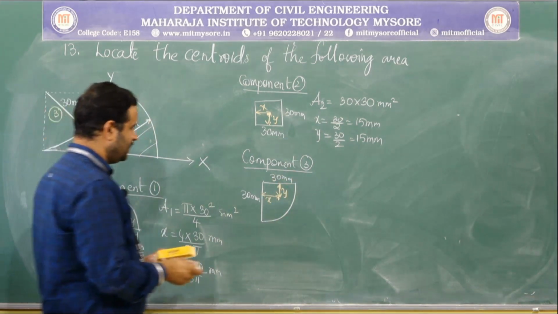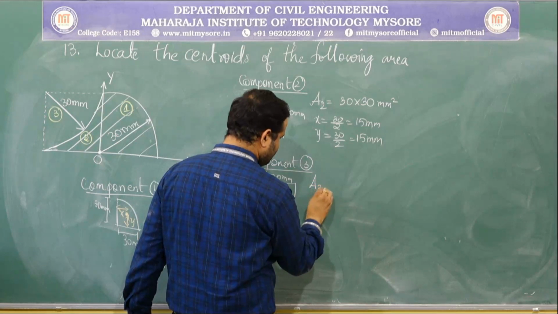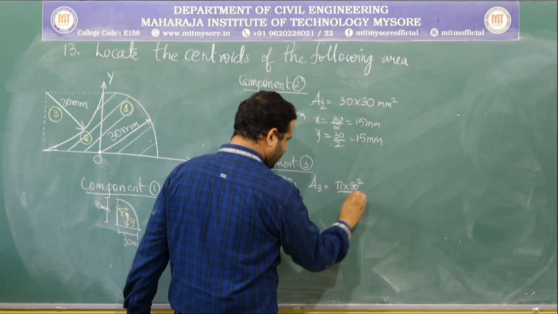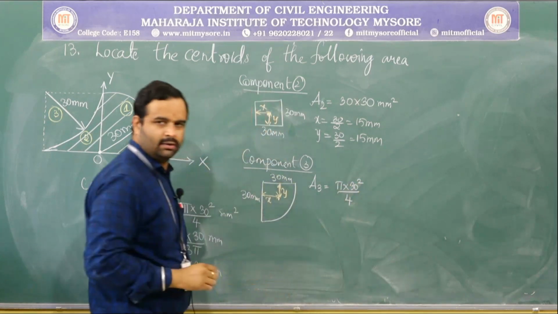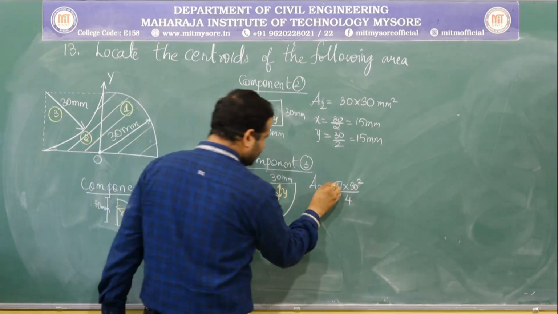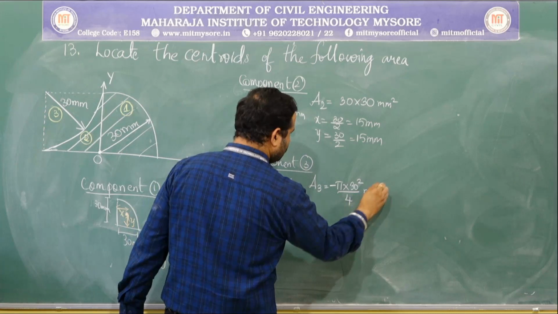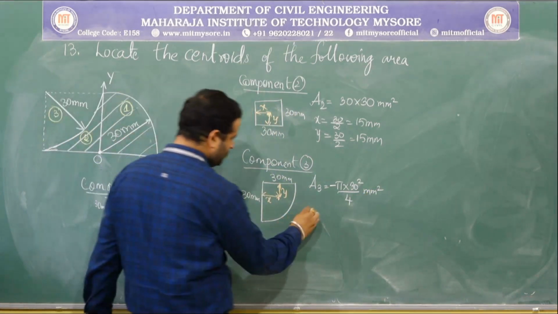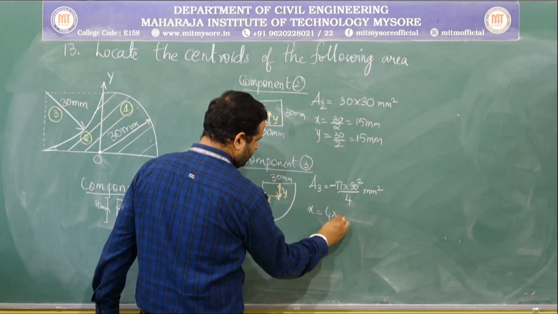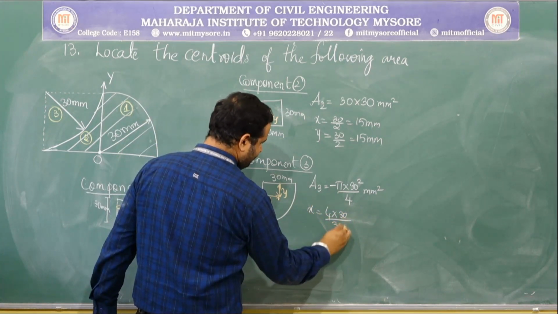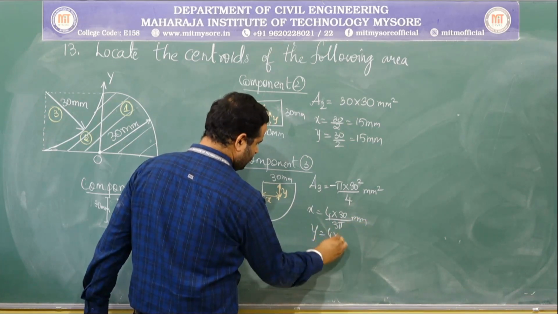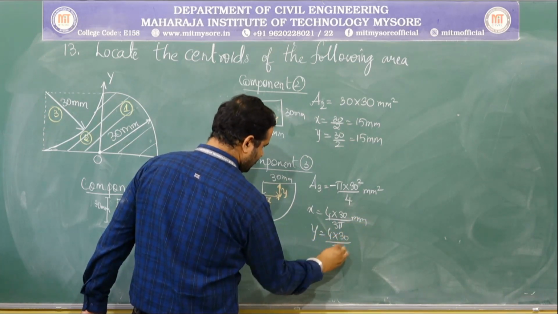Now, coming to its area, A3 is equal to pi into 30 square by 4 with a minus sign, because it is the part to be removed, minus sign, and its x component 4 into 30 by 3 pi and its y component 4 into 30 by 3 pi.